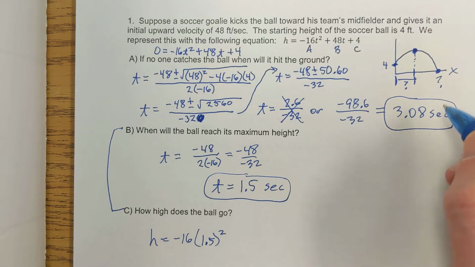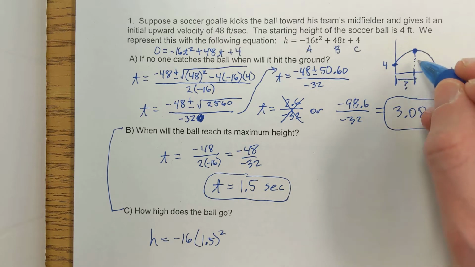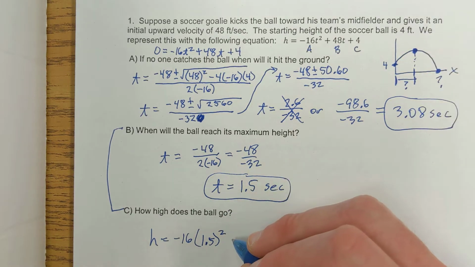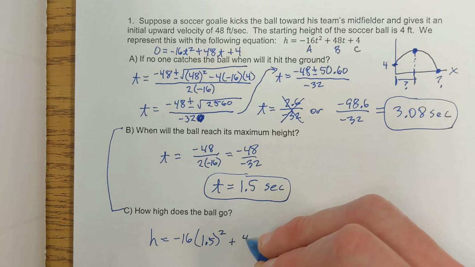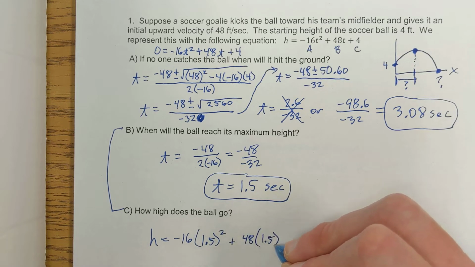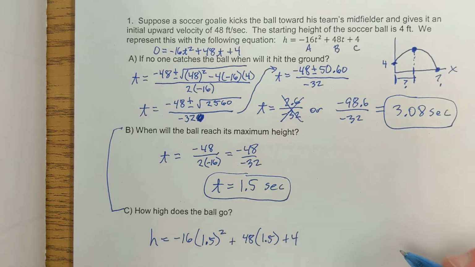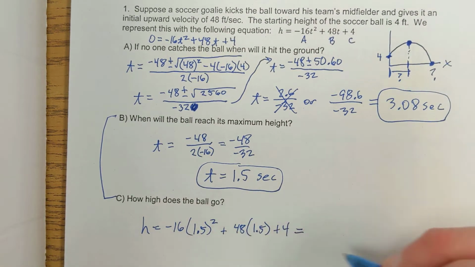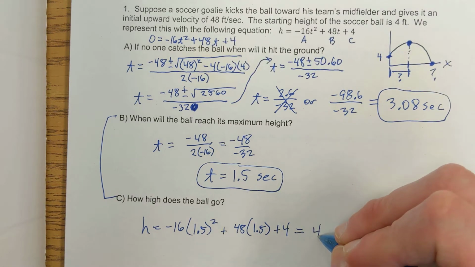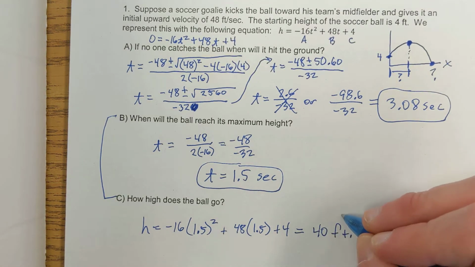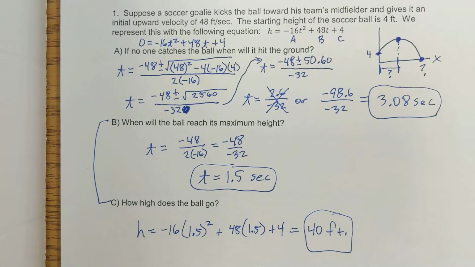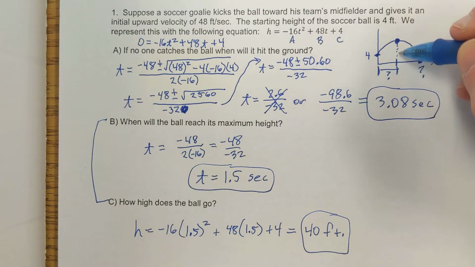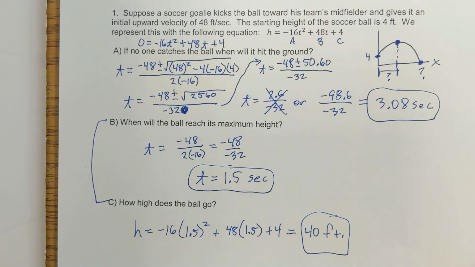When the ball hits the ground, the height is 0. When the ball reaches its max height, it's this time that we found for the vertex. We just use our calculator to calculate all of that. Be careful with the signs and the parentheses. We should get right at about 40 feet. So how high does the ball go? After 1.5 seconds, it's up 40 feet in the air. Feel free to pause there if you need to catch up.